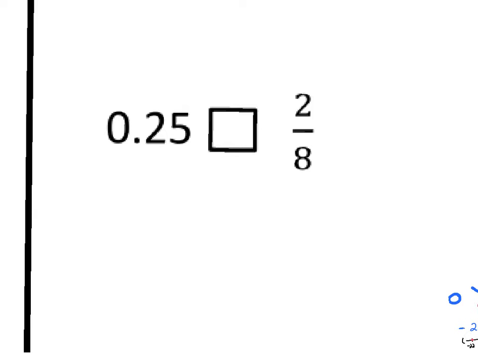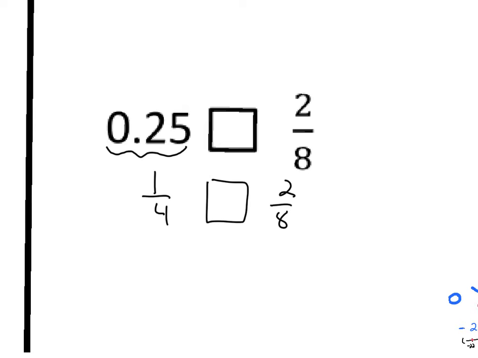Now sometimes you have a decimal and a fraction. It's a lot easier if you have a fraction compared with a fraction, or a decimal compared to a decimal. So I know you might not have a calculator, but 0.25 as a decimal, that's one of the most common ones we use in math. So that's equal to 1/4. I have my box and I have my 2 over 8 over here.